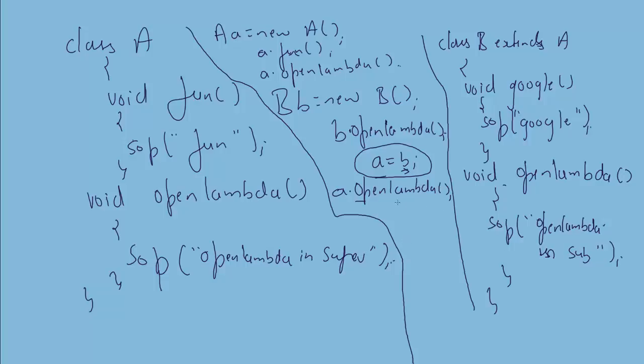The reason is that the left hand side variable tells what members you can access: fun and open lambda. I will not be able to access Google through a. But if it is an overridden method, it always depends on the right hand side, the object I am referring to.